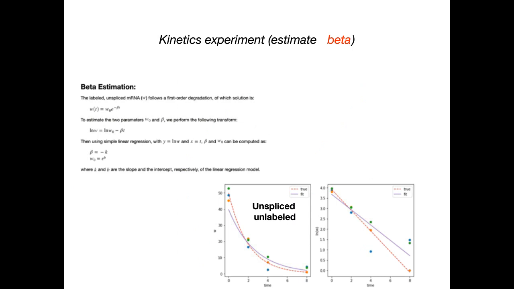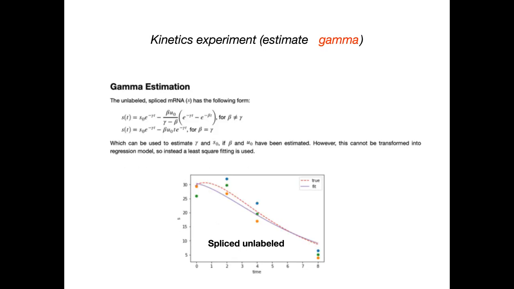Then we take the time series data of the unspliced unlabeled RNA and assume the first order decay model to estimate the parameter beta. Once we get beta, we can use the analytical solution of the spliced RNA to fit the time series of the spliced unlabeled RNA and get the parameter gamma.